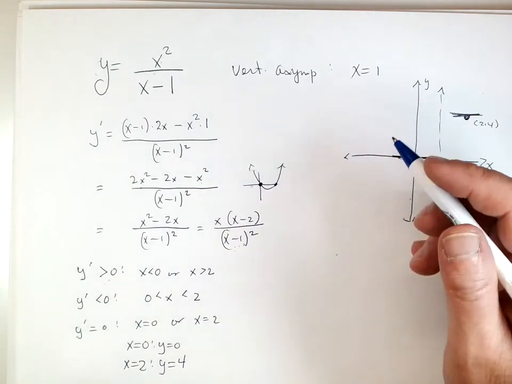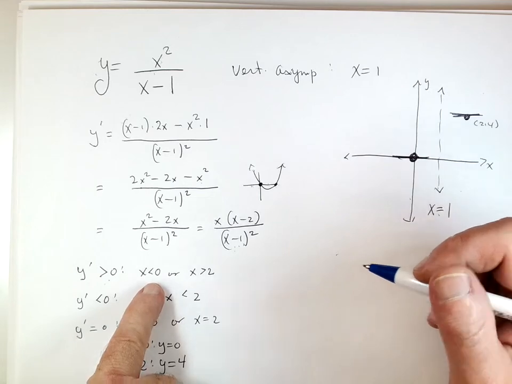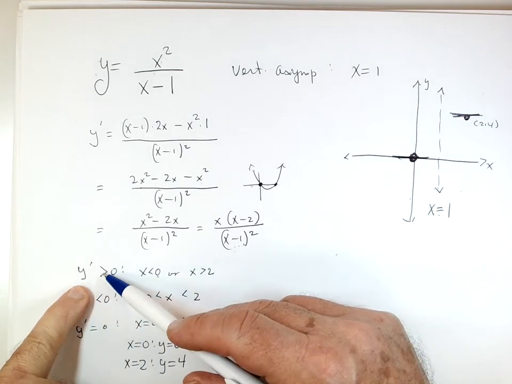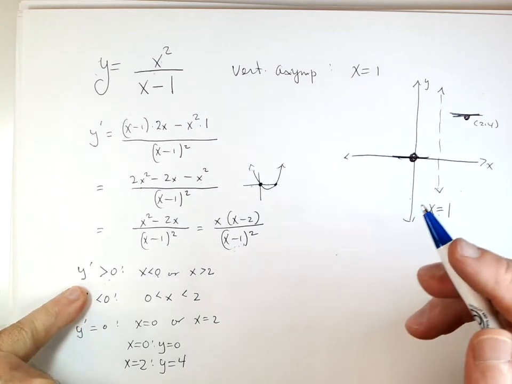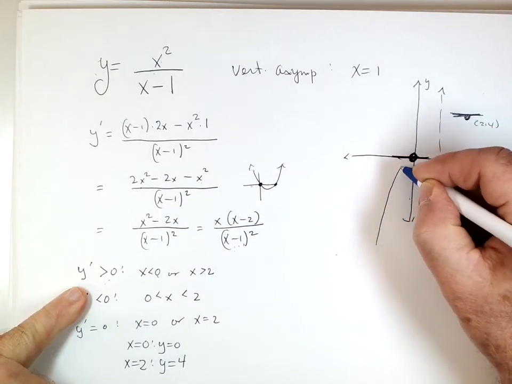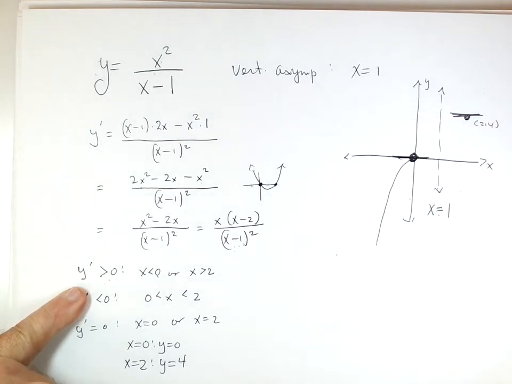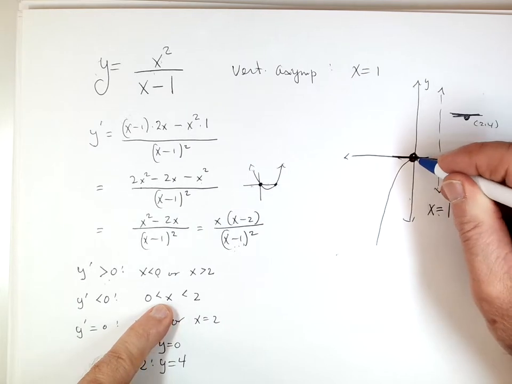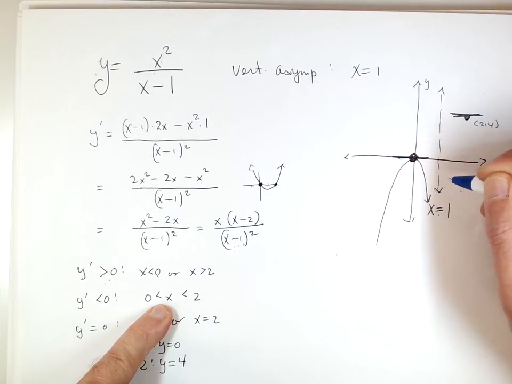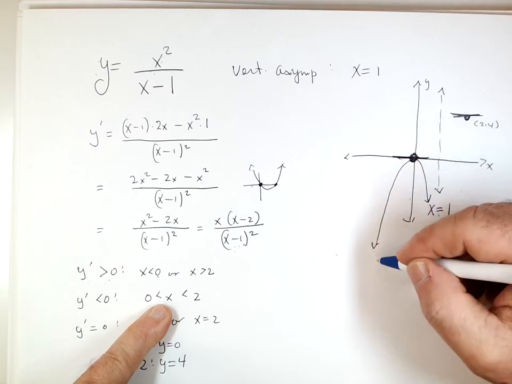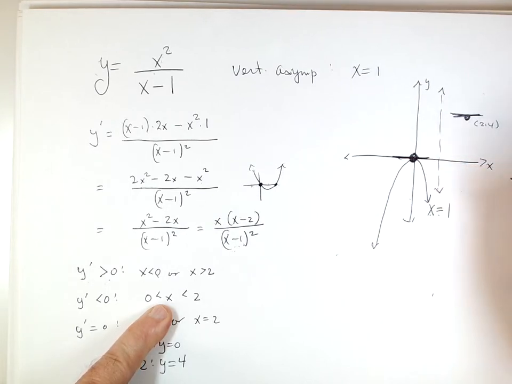Here we go. This graph, when x is less than 0, is rising. It has a horizontal tangent. It falls for x greater than 0 this way. Now it can't cross this line, so it's going to fall just like this.